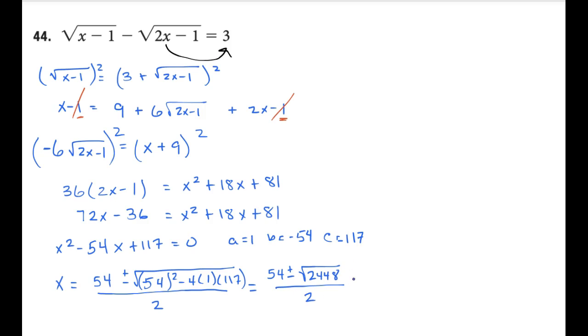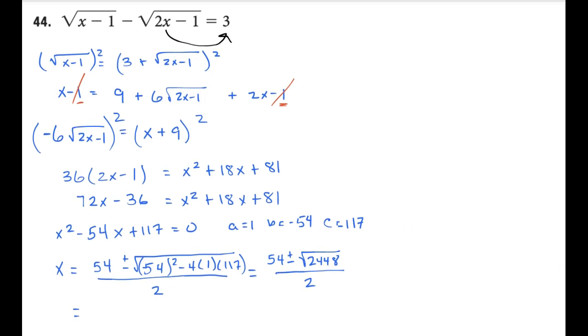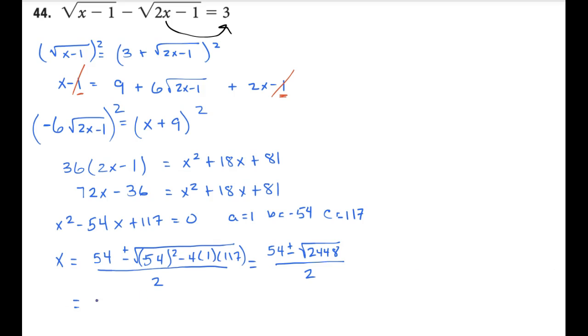So you could stop here and put that in your calculator two different ways. You're going to put 54 plus the square root of 2448 over 2, and then you're going to put 54 minus the square root of 2448 over 2. I recommend that you do that right now. Stop and do it and make sure you're getting the same answer that I'm getting. A lot of people have a hard time using calculators properly.